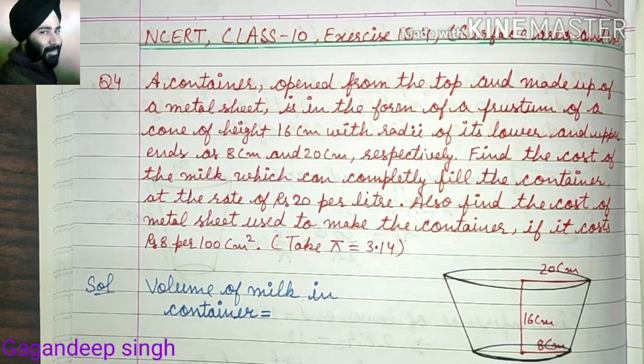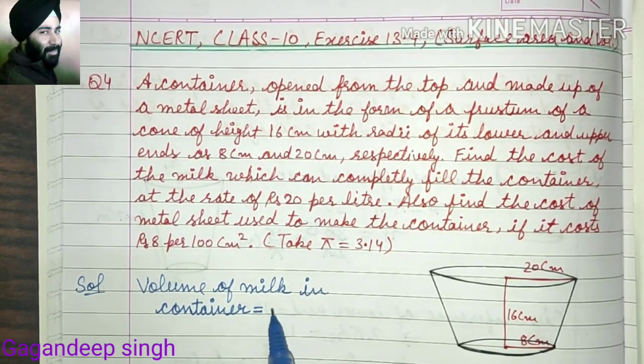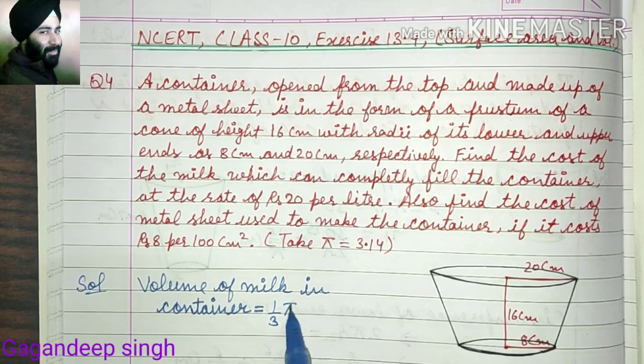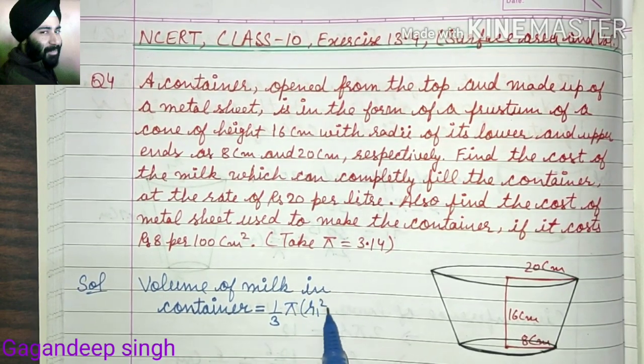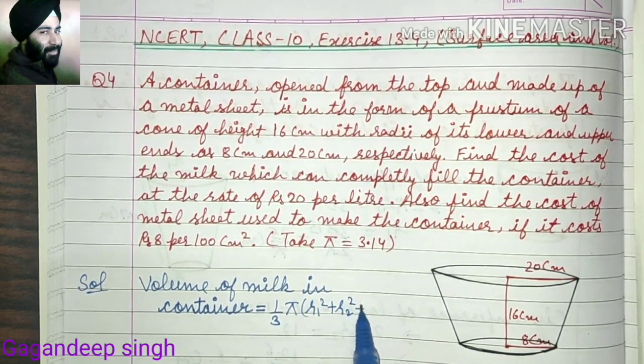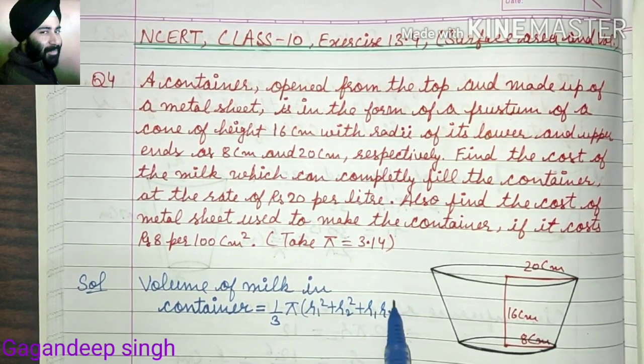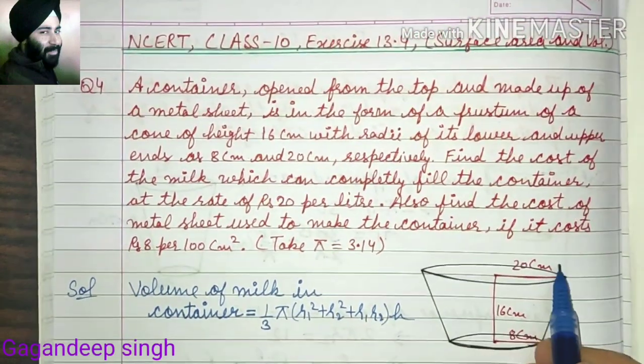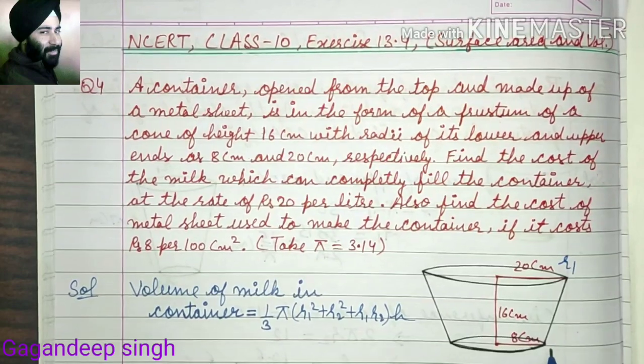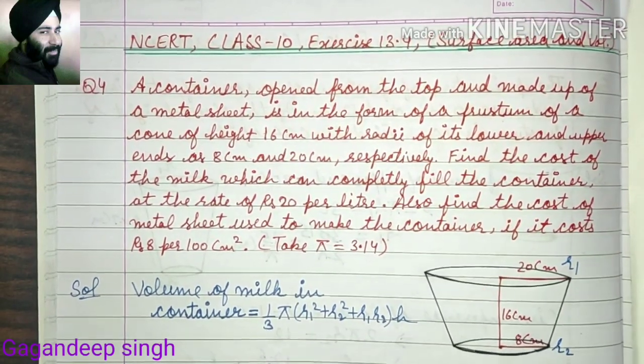Let us find volume of milk in container. Formula is 1 upon 3 pi into r1 square plus r2 square plus r1 r2 into h. So one is upper radius we take r1 and this lower radius we take r2.